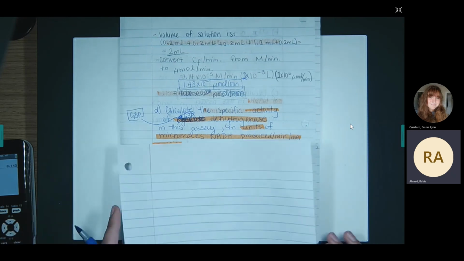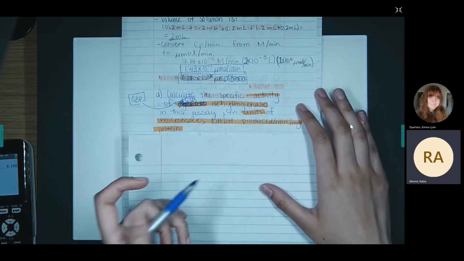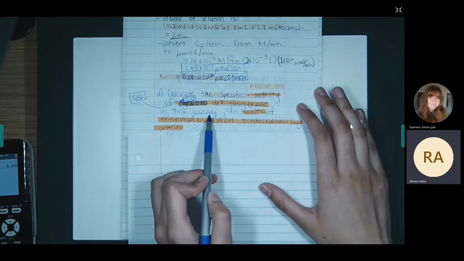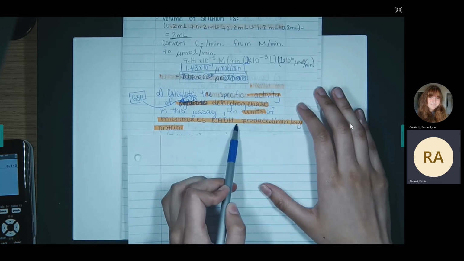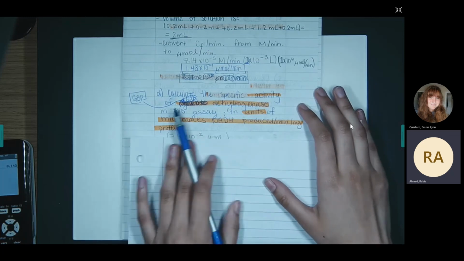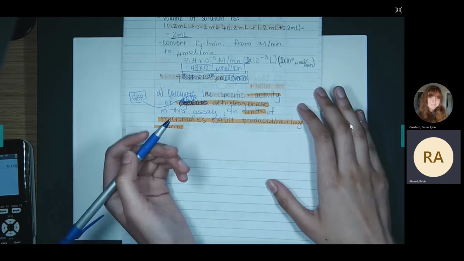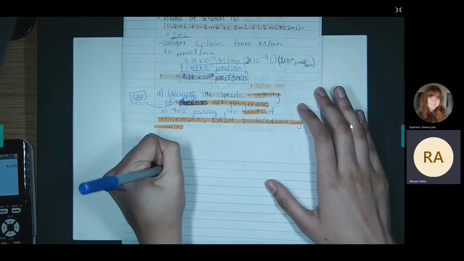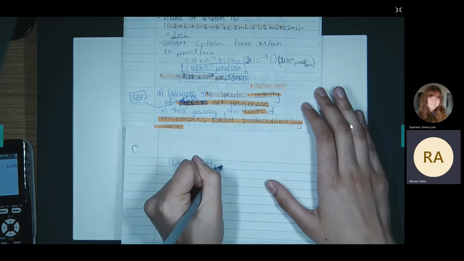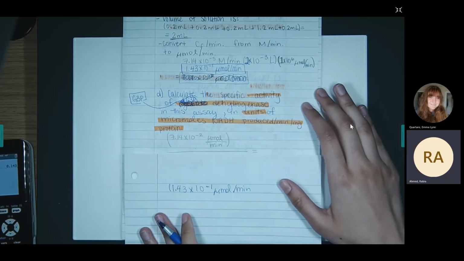Okay, I'm going to move on to the next one. If you guys have any questions, just let me know. You can stop me. So calculate the specific activity of the G3P dehydrogenase in this assay in units of micromoles NADH produced per minute per milligram protein. We're not going to look at this because it connects to that problem. So basically we're going to do 1.43 times 10 to the negative 1 micromole over minutes, which is our rate.